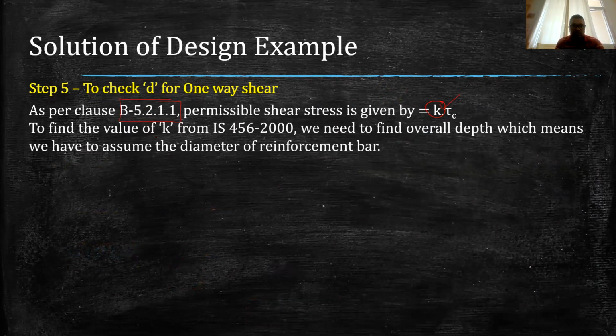To find the value of K from the IS code, we need to find the overall depth, which means we have to assume the diameter of the reinforcement bar, because till now we only have this D value, which is the effective depth, and we actually need to find the overall depth. Overall depth is D plus clear cover plus half of the dia of bar. So that is why we need to assume the diameter of reinforcement also.